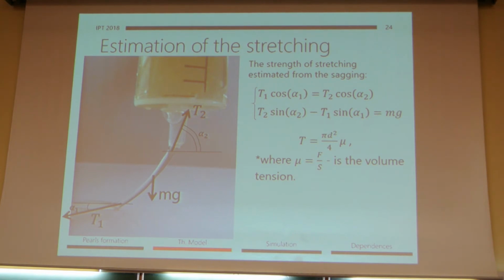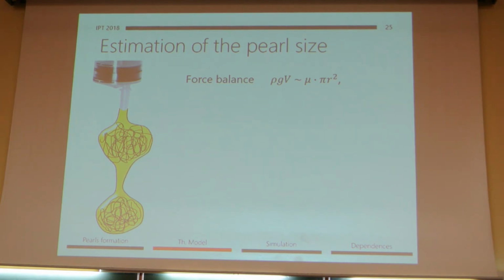But firstly, we need to introduce a new parameter, volume tension. It is like surface tension, but because of the very complex bonds in the egg white, there is a volume tension. From this photo we can estimate it like this. Now we write the force balance: the volume tension that holds our egg white in the syringe, and the gravitational force that pulls it down.